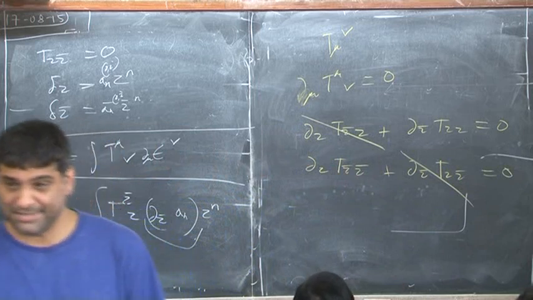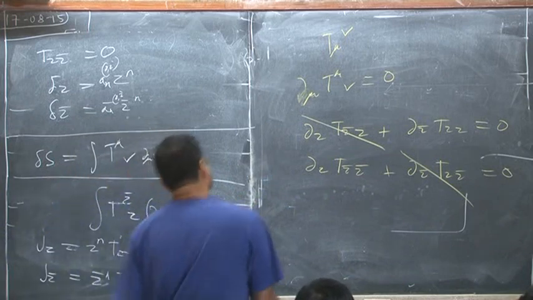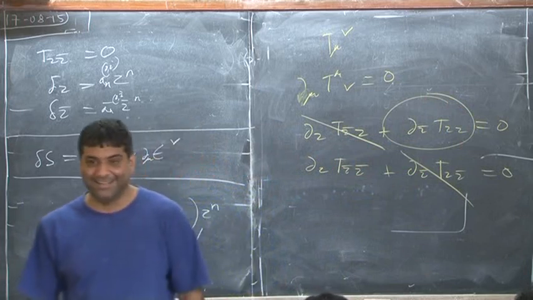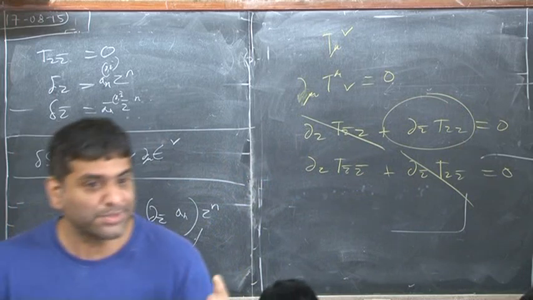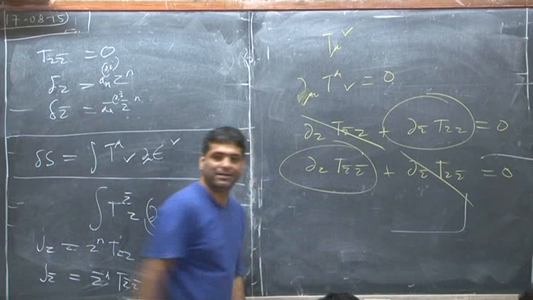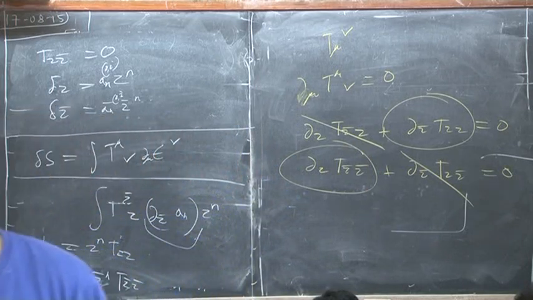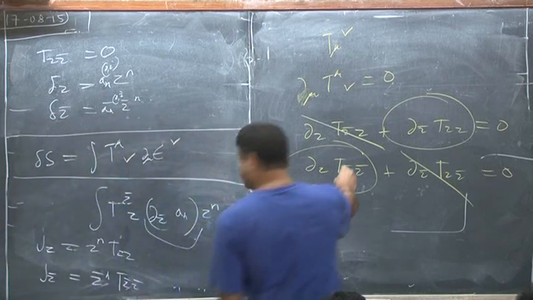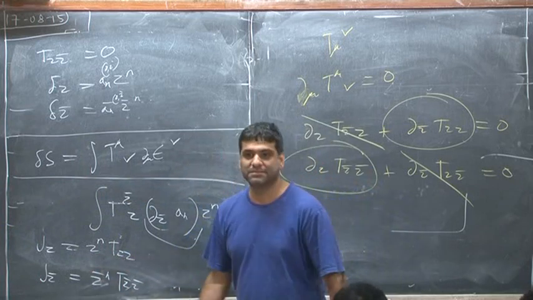So this tells us that in a conformal field theory, T_ZZ is an analytic function of Z, except possibly at points of insertions of other operators. That is what this means. Whereas T_Z bar Z bar is an anti-analytic function of Z. Now, once we understand this, can we see that this gives us conserved charges?